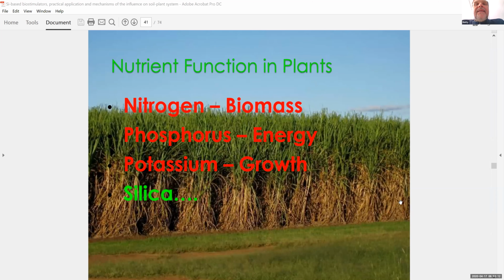It is also important to ask what the major function of silica in the plant is. We know that nitrogen fertilizer is very important for the biomass of the plant. Every farmer knows that if he would like a big yield, he must apply nitrogen.